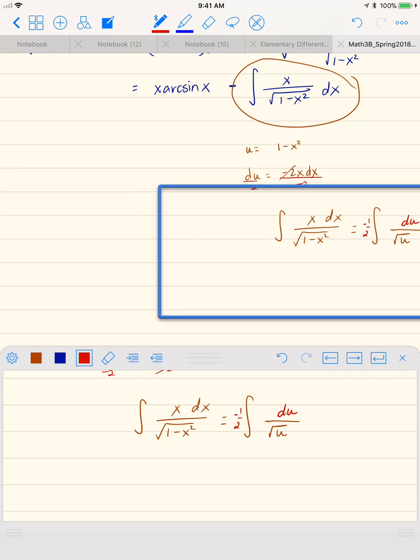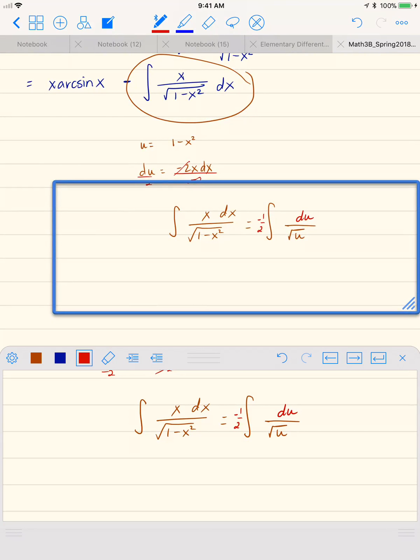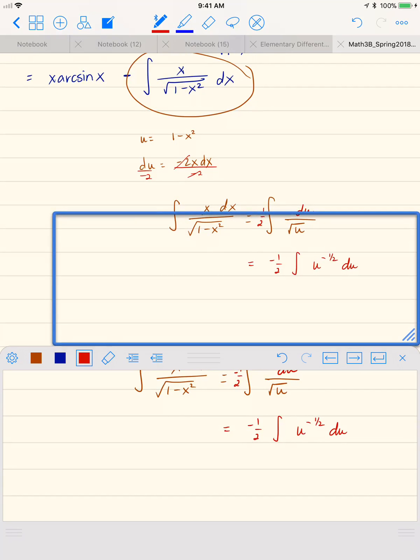And now to figure out this integral, I'm going to rewrite my integral as negative 1/2 times the integral of u to the negative 1/2 du. Now I use my power rule. I add 1 to my exponent, divide by my new exponent, and add a constant.